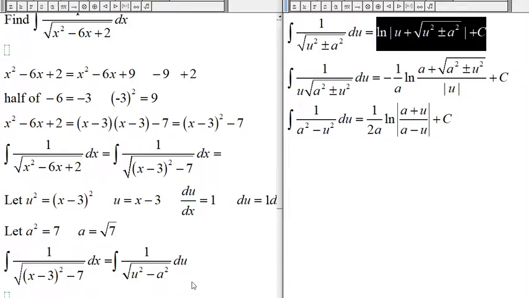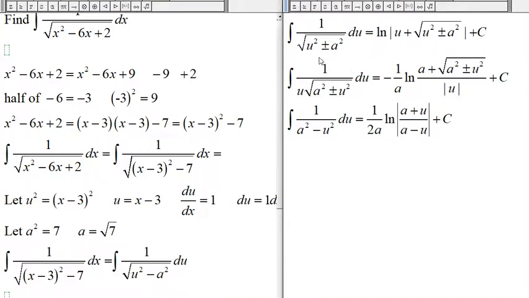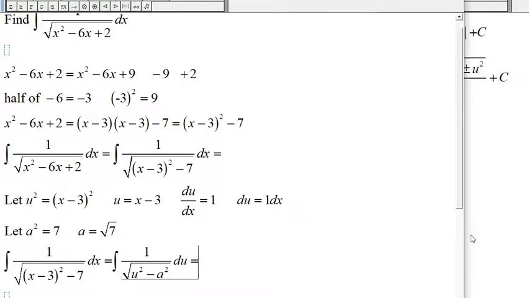And notice right here, it has the plus or minus. So if this integral has plus, then we would use the plus. If the integral is minus, then we just use the minus right here. This is minus, so we'll keep the minus.